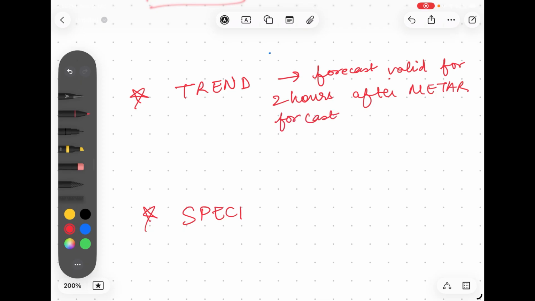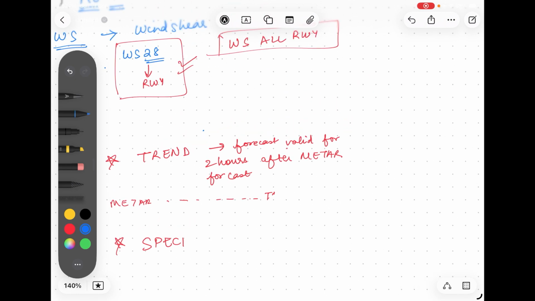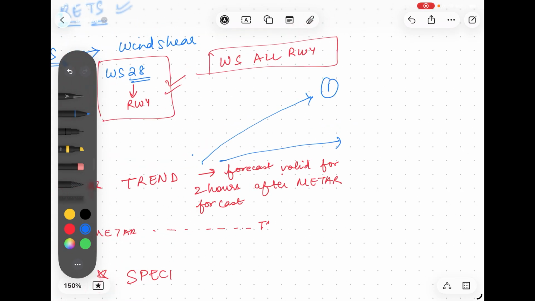It is a part of METAR. So basically it will come like this: METAR would be written and then there are all the codes and then they would show a temporary change or they would show a becoming. So trend has to be reported after a METAR in 2 ways. Okay, one is it could be becoming or it could be temporary.